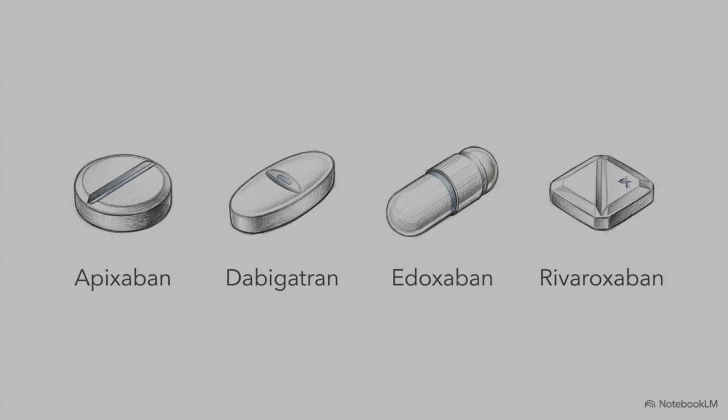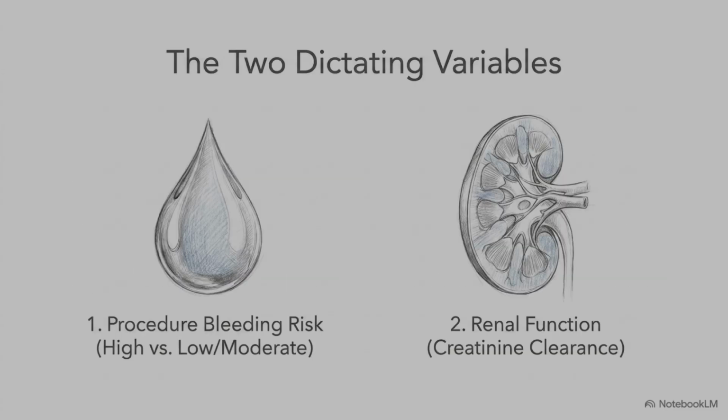When thinking about this, you have to think about two things. One is, is the kidney function good or poor? Look at the creatinine clearance. Number two, what type of procedure are you performing? A low-risk procedure or a high-risk procedure?